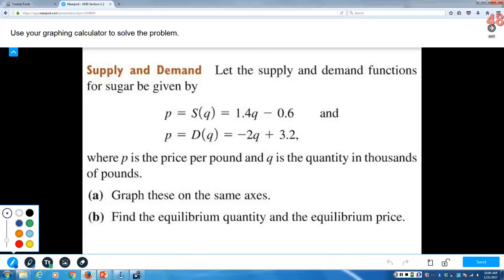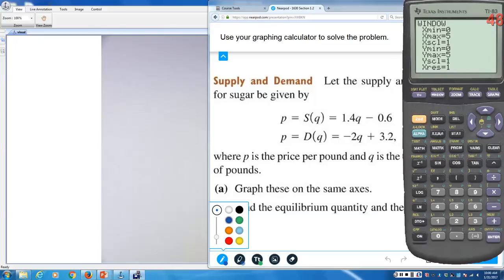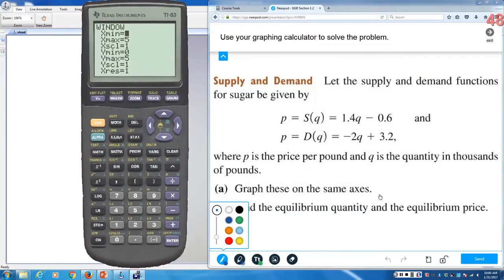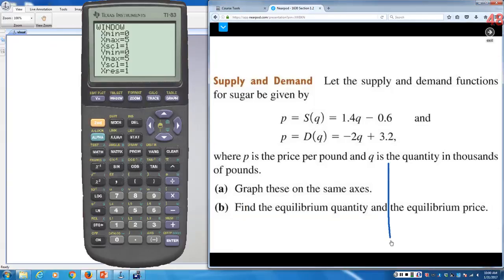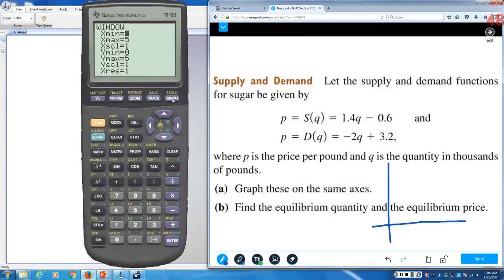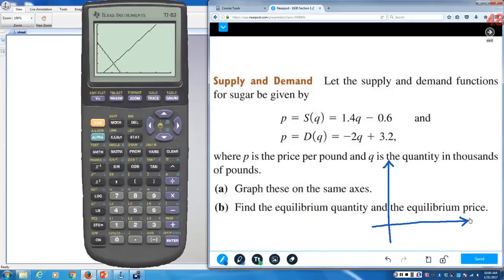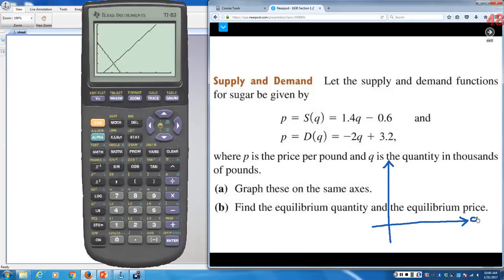So I'm going to try to sketch the graph. I shrunk my screen down a little bit, and to draw my graph, and again, I'm not looking for perfection. Remember, Q is the X, so this is the Q axis.